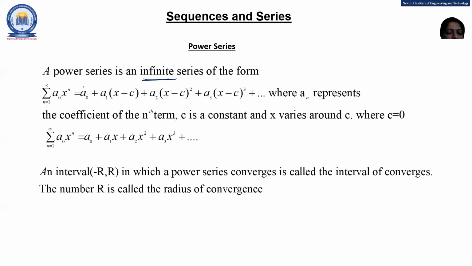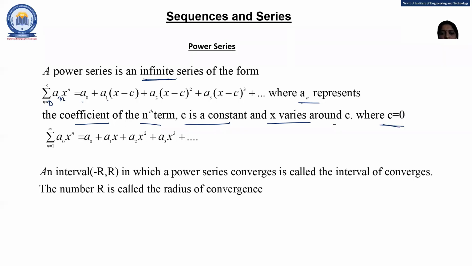So if I put n equal to 0, I get my first term a0. By putting n equal to 1, I get my second term, and so on. Here an represents the coefficient of the nth term, c is a constant, and x varies around c.